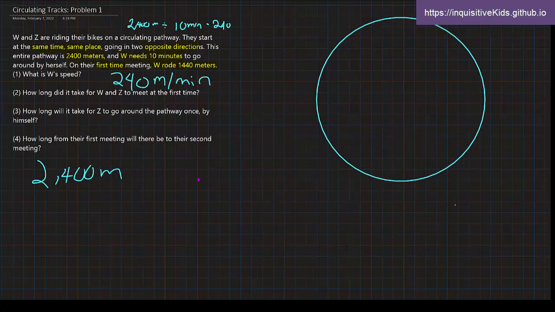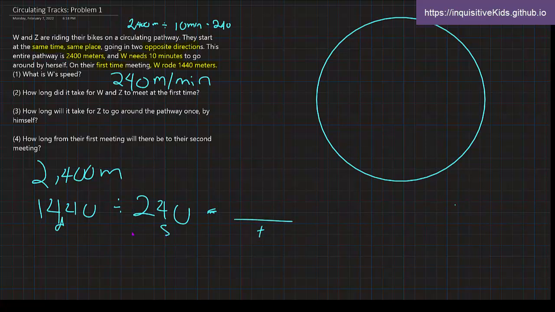The time of them meeting, ever since they left their starting line, is the same as 1,440 divided by W's speed, 240, because 1,440, from the problem, is how much she rode on their first time meeting. Remember, this is the distance, this is the speed, and we're trying to find the time.